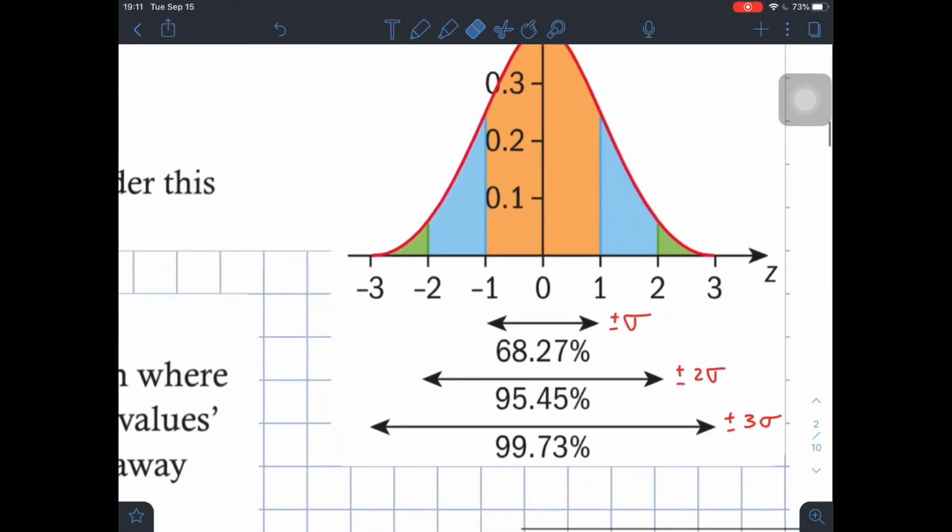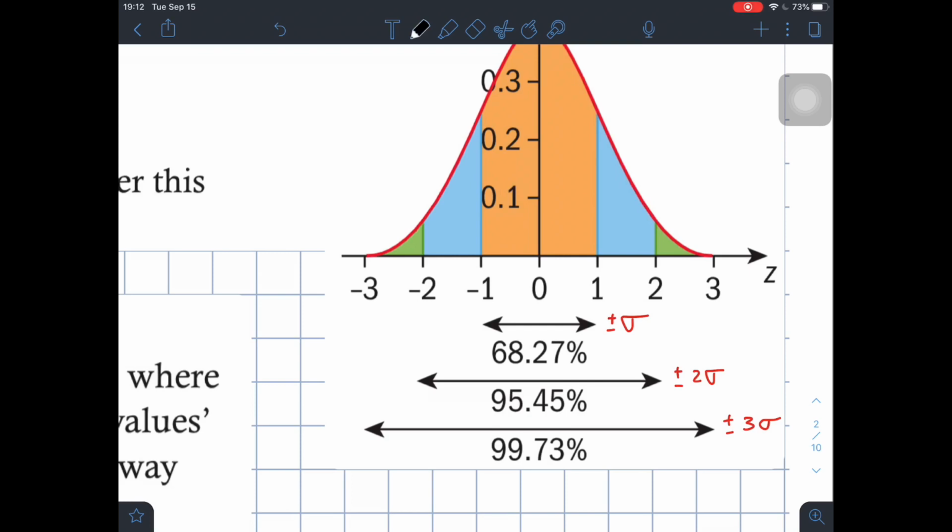Then if we consider from the mean 2 standard deviations to the right and 2 standard deviations to the left, then we are grabbing 95.45% of our information. And finally, if we grab 3 standard deviations to the right and 3 standard deviations to the left, we're grabbing 99.73% of our information. So almost 100% of our information.